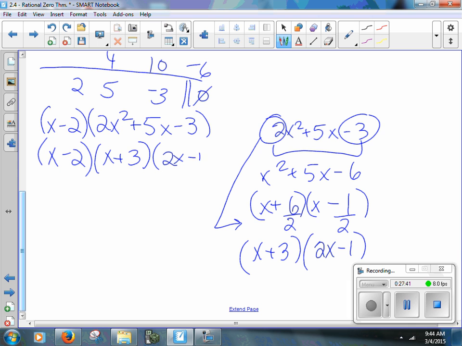X plus 3. Hey, do I have to factor it, or can I just continue on with synthetic division?